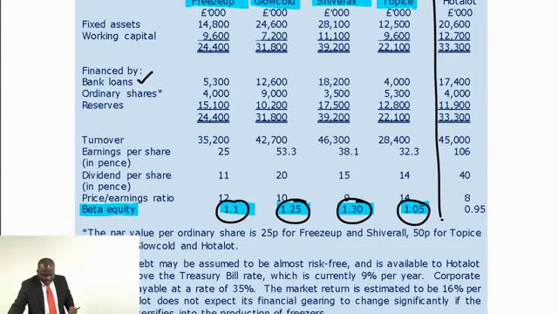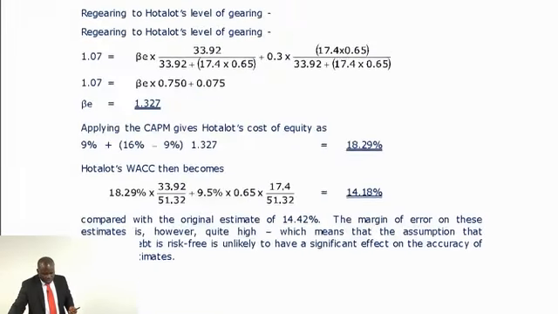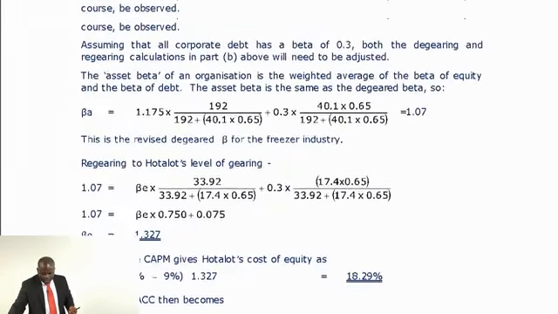So when we come down here, we're going to say pick the proxy beta. So this is your proxy beta. We pick that of all the 4 companies, and then we want the average.